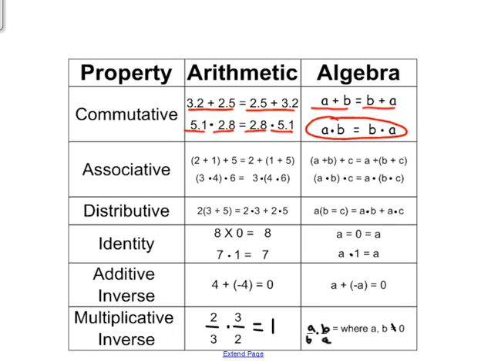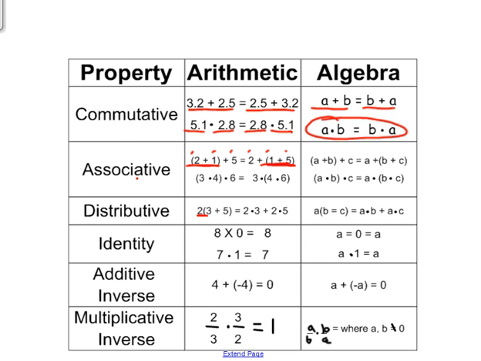I simply switch the order, so again it's commutative. Associative property: you look at what's in the parentheses here compared to what's in the parentheses here. We've moved the parentheses, the order of the numbers stays the same, so this is the associative property.